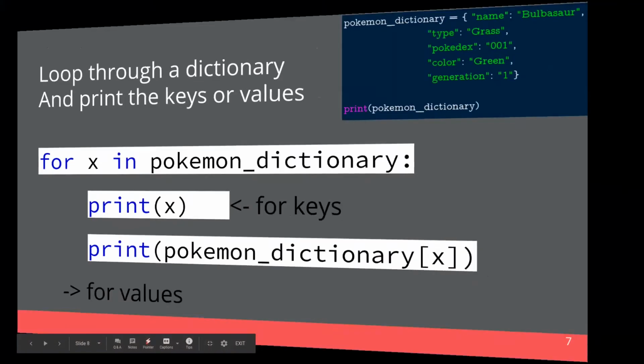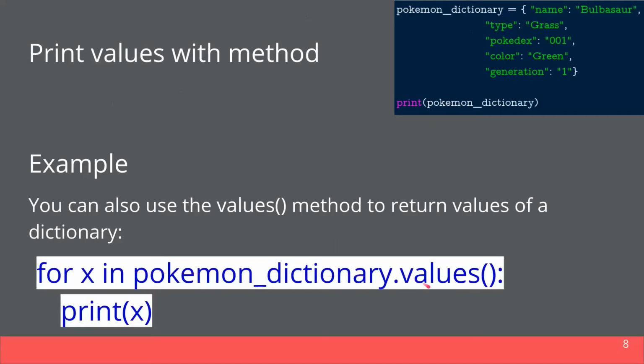There is an actual built-in Python tool for doing this. You can do for X in the dictionary dot values, and then open up these parens to call the dot values function, and then print X. Okay, so those are just some simple dictionary operations.